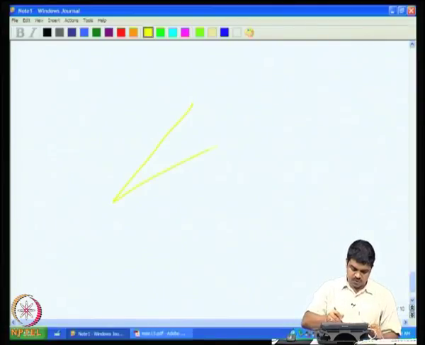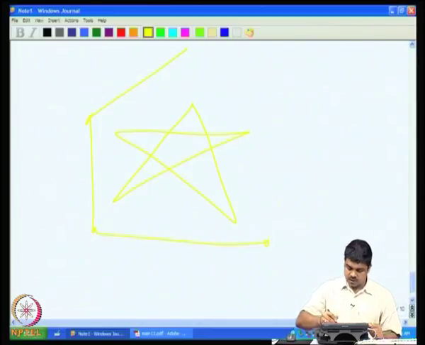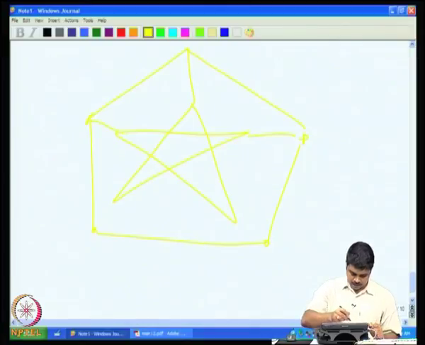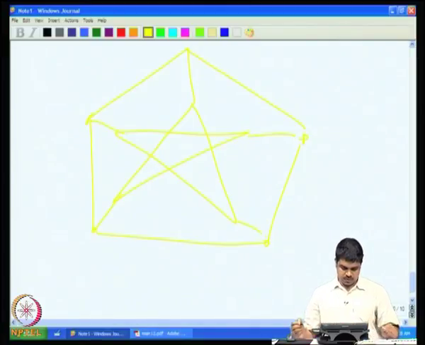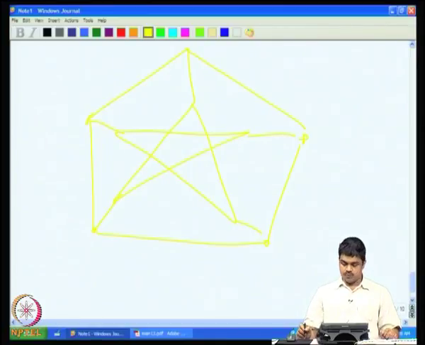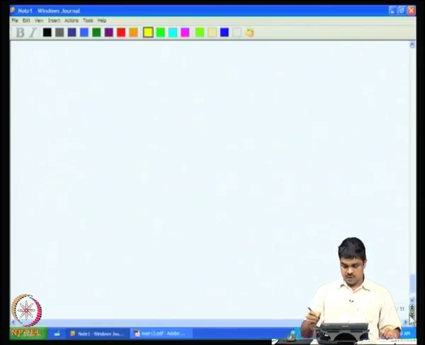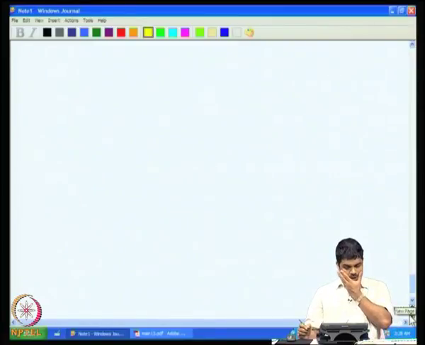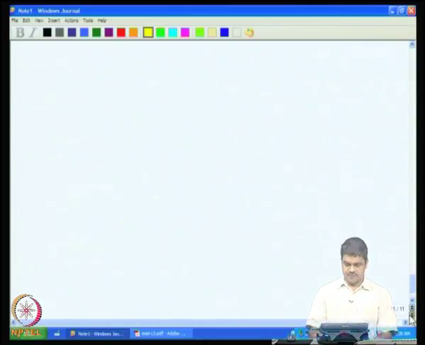Like that we can consider several examples. Another example you may want to consider is the Petersen graph. What is the chromatic number of the Petersen graph? This is the graph. How many colors are required to color this? I'll leave it to you to figure out. And now suppose we want to come up with an algorithm to color graphs.